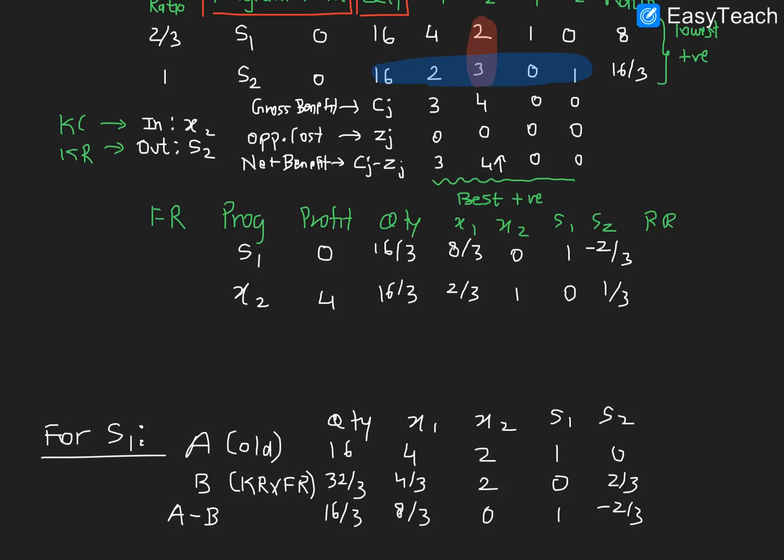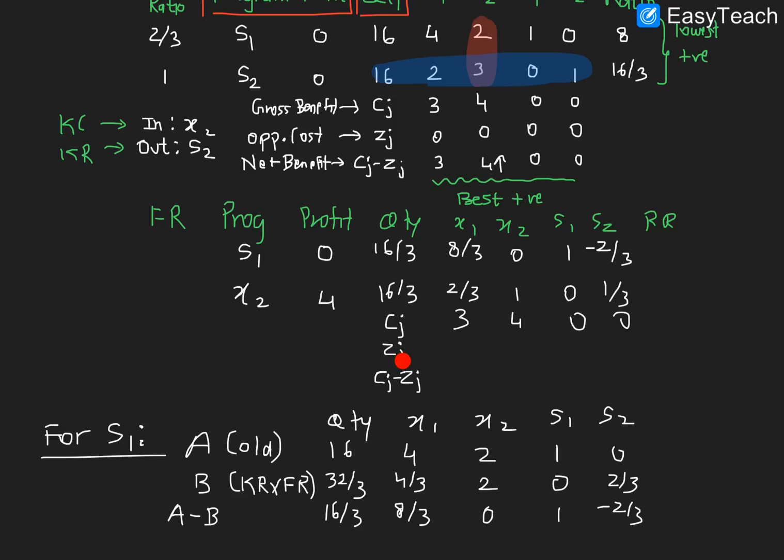Well, the remaining steps are just one and the same as we had earlier: Cj, Zj and Cj minus Zj. So let's write down Cj, Zj and then Cj minus Zj. We have Cj as the net benefit or the gross benefit or the objective function values, which is 3, 4, 0 and 0.